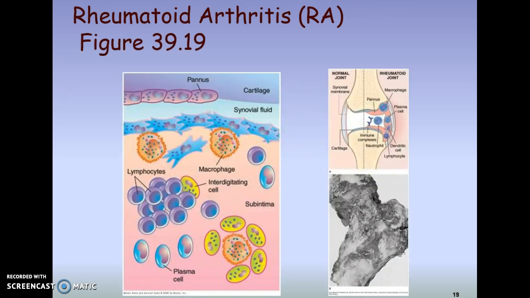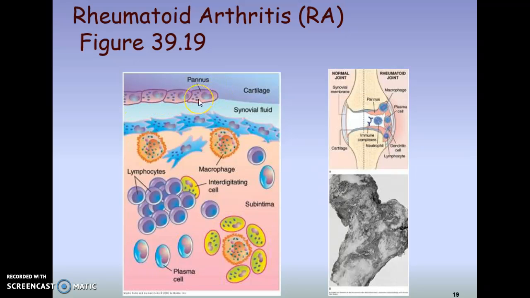I like this picture, for a variety of reasons. One, it's a cartoon. Gotta love cartoons, makes things a little easier to learn and to grasp. But here you have the synovial fluid, which should be nice and clear. And then here's your cartilage. What happens with rheumatoid arthritis is this pannus develops, and this is grimy.